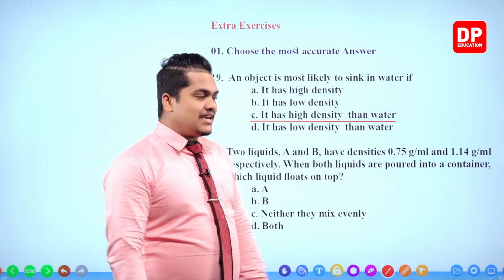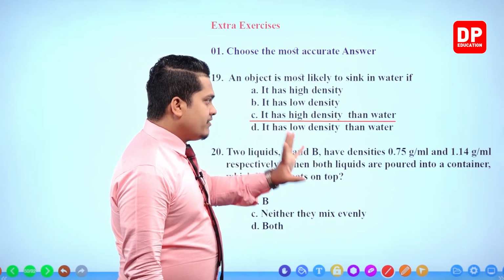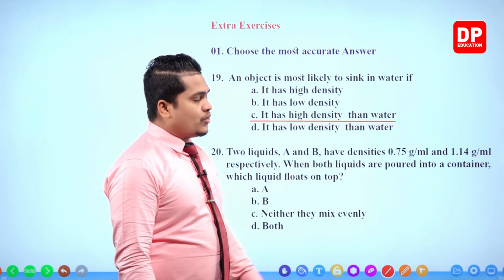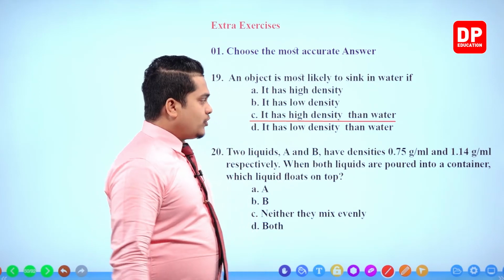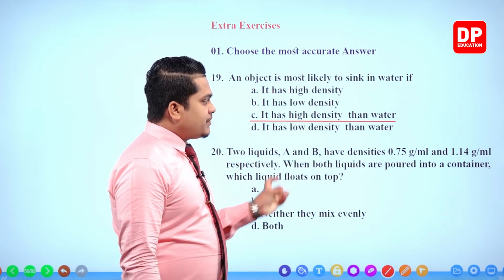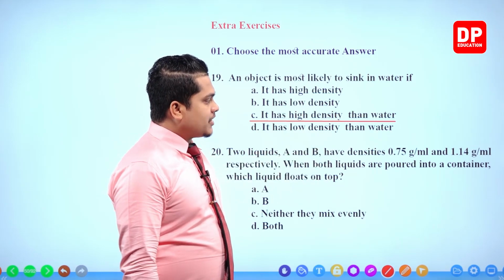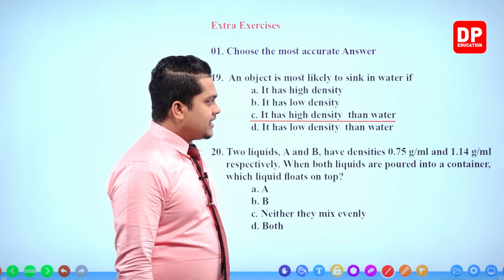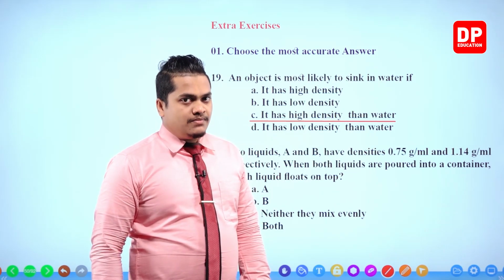You know that 1 milliliter is equal to 1 cubic centimeter. So here the density is given in grams per cubic centimeter. So here 0.75 grams per cubic centimeter, and over there it's equal to 1.14 grams per cubic centimeter.